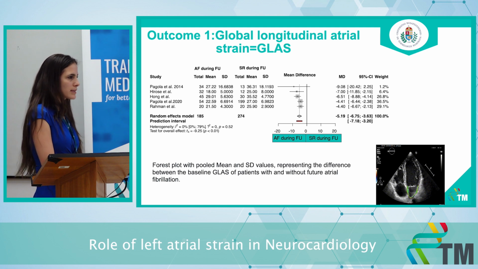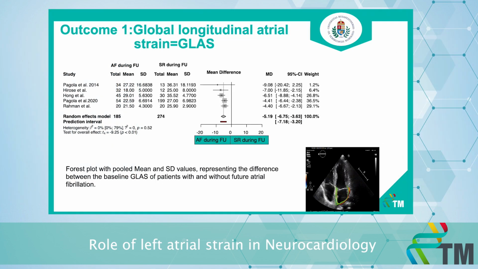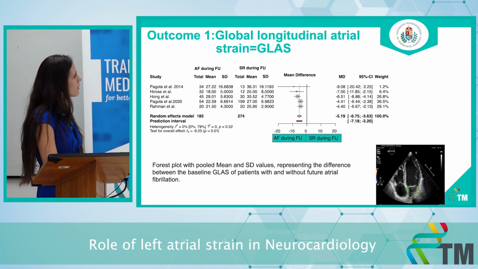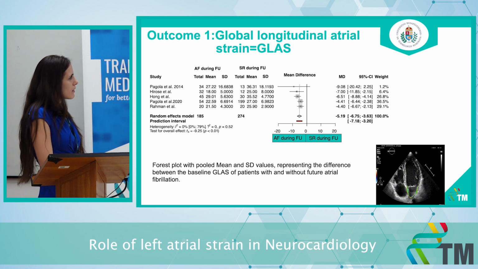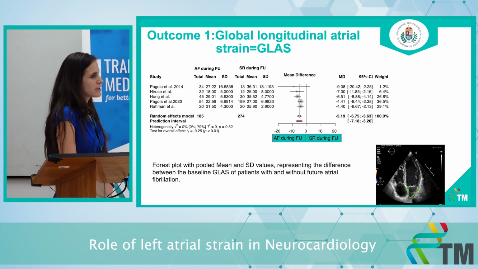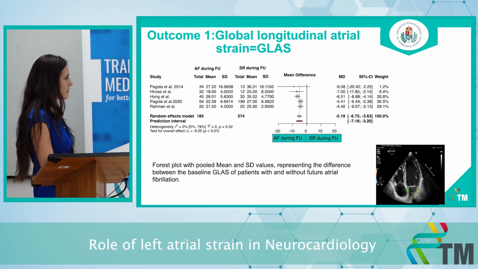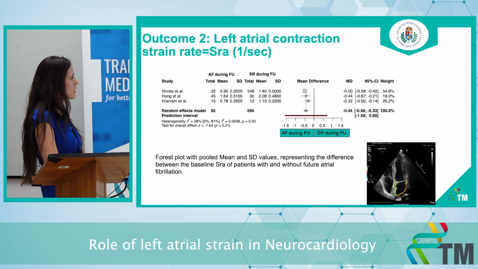So already in sinus rhythm, without clinical manifestation of atrial fibrillation, the left atrial strain was decreased. And we could also determine a prediction interval. There was only one study which did not have a significant result, so it was a very great result.